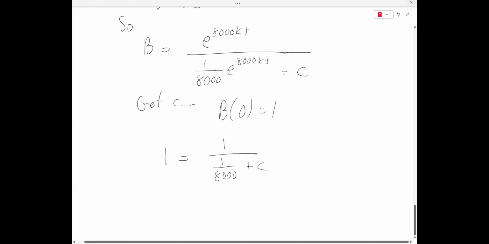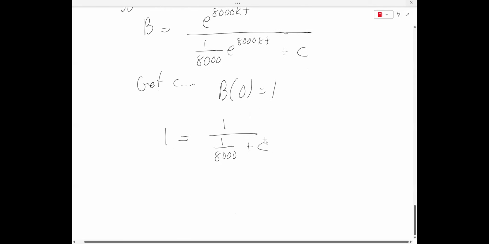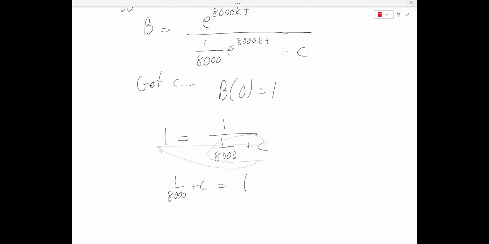Okay, a bit of a mess here. I'll just multiply this over here. So I get 1 over 8,000 plus c is equal to 1, right? If I take this, multiply it over. So c is equal to 1 minus 1 over 8,000. So that'd be 7,999 over 8,000, like this.